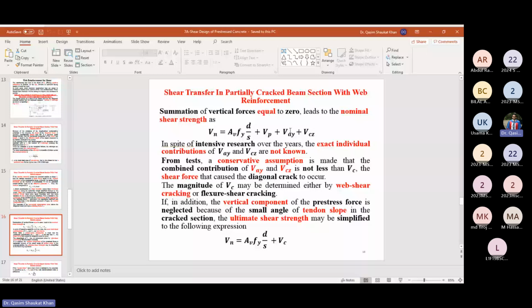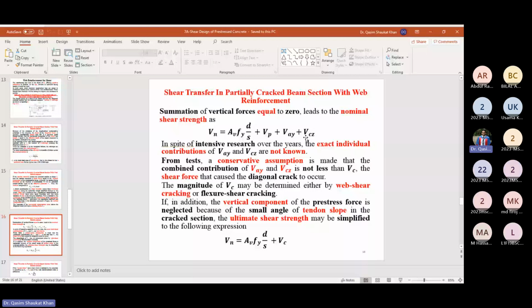VAY, the contribution of the fracture plane and aggregate interlock, and VCZ, the uncracked compression zone above the crack, its contribution has been conservatively taken equal to VC.